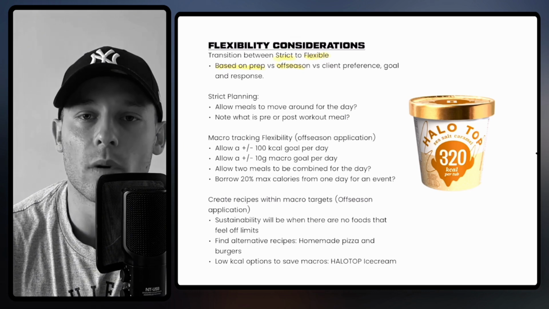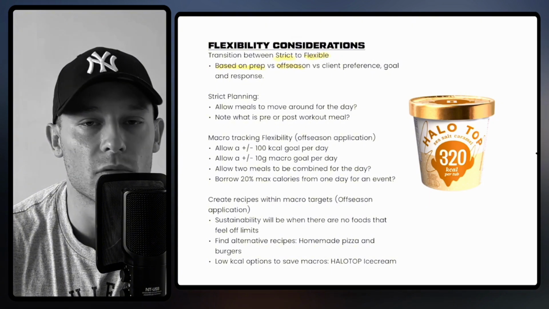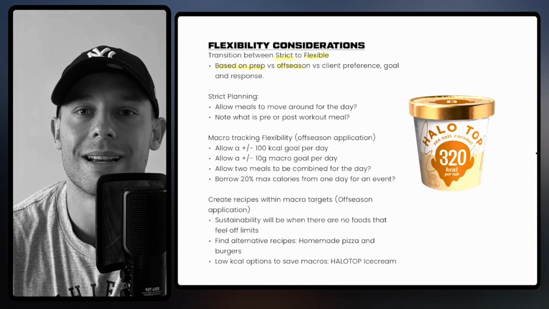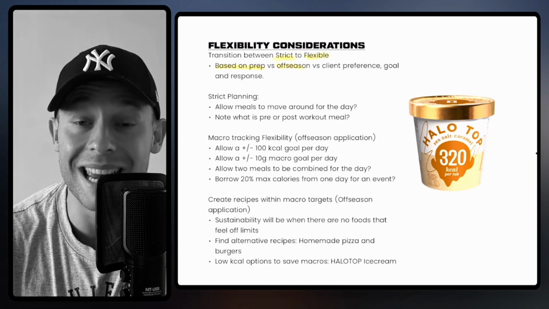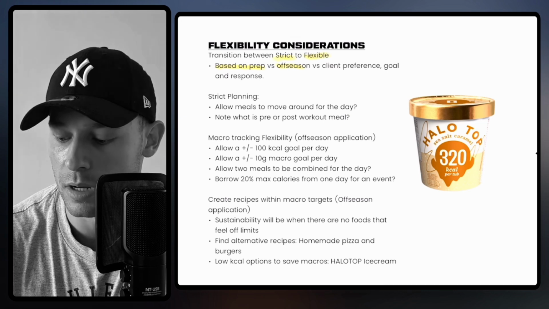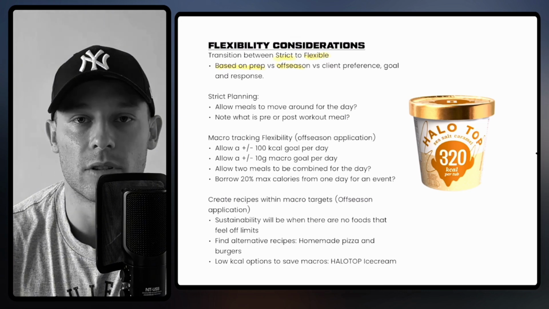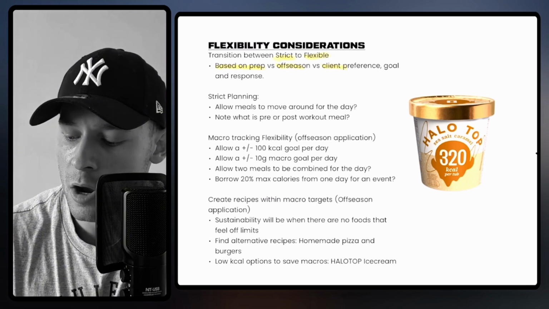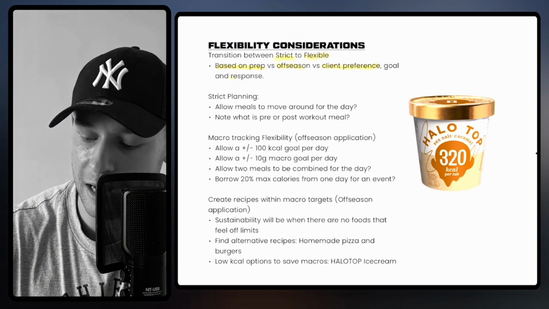So we do want a variety of blues, reds, yellows, greens, pinks, oranges, blacks, purples. Can't think of any more colors within your diet plan. I guess that goes for both strict and flexible, but it all comes down to what's your specific goal and the outcome. We're also going to look at client preference and response.